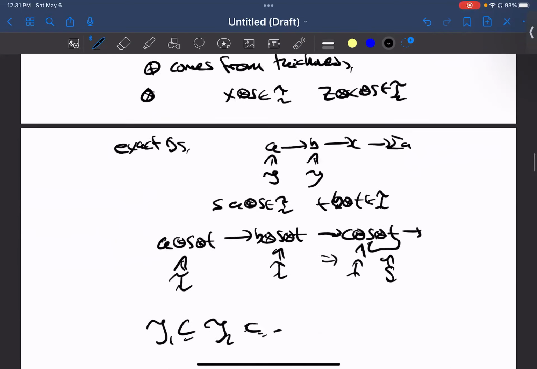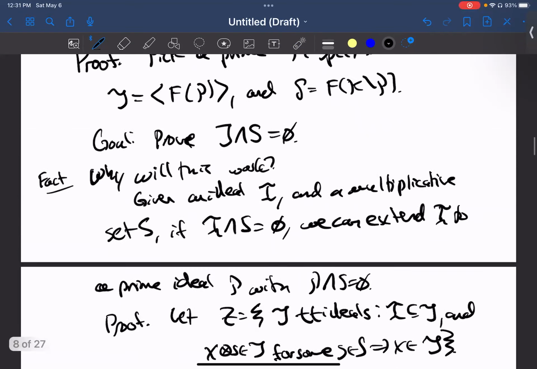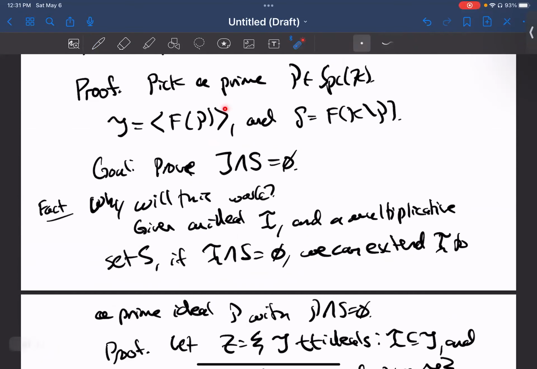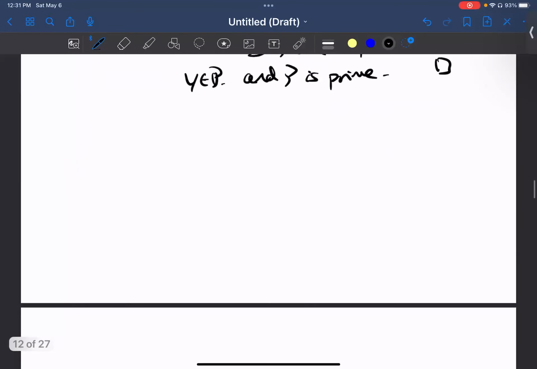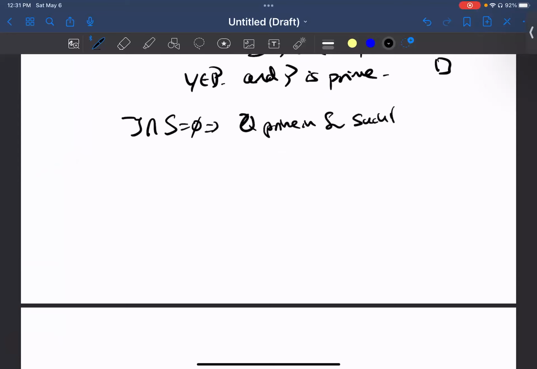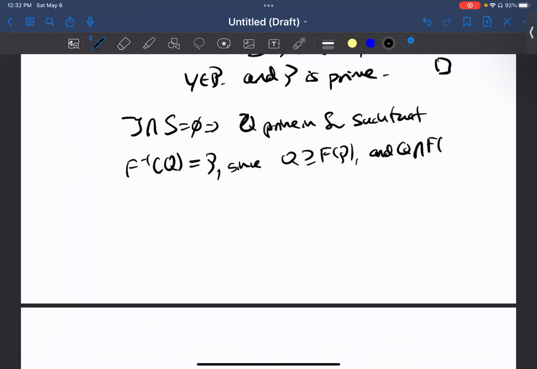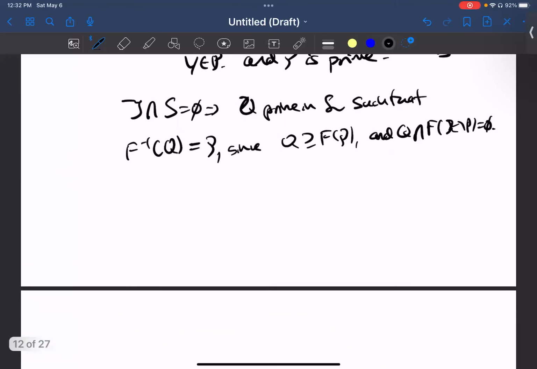All right. So by this, if we can prove that this J here that we defined earlier, the ideal generated by the image of P, and this S, the image of K without P, are disjoint, then we can extend to some prime ideal Q in L such that the inverse image of Q is going to be P, because Q contains the image of P, and Q is disjoint from the image of K without P. So if this is the case, then we will be done.